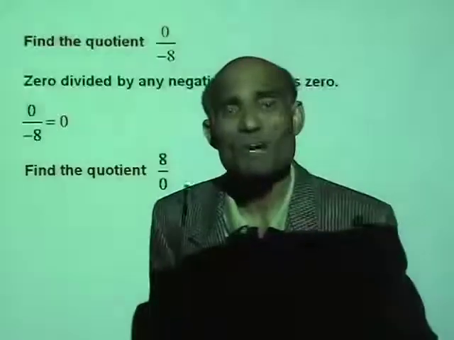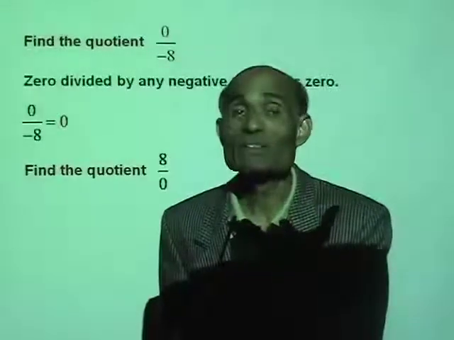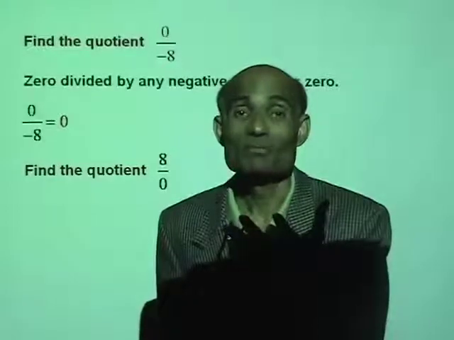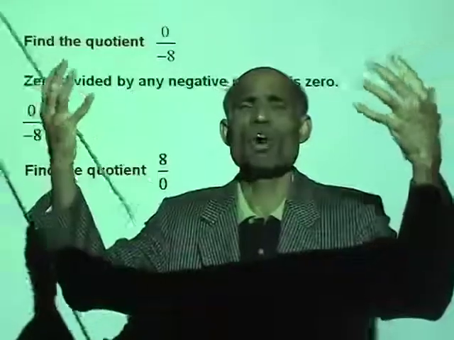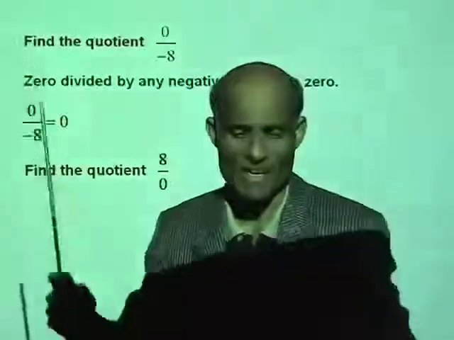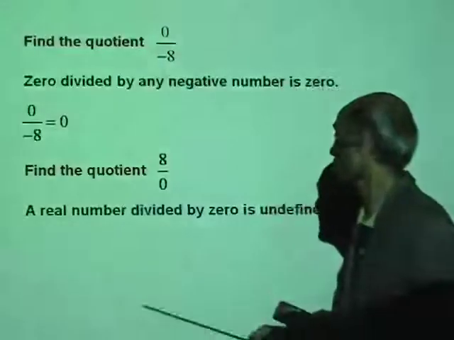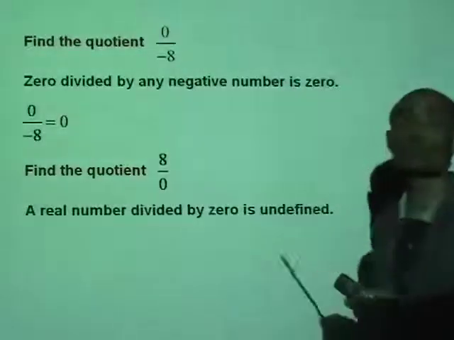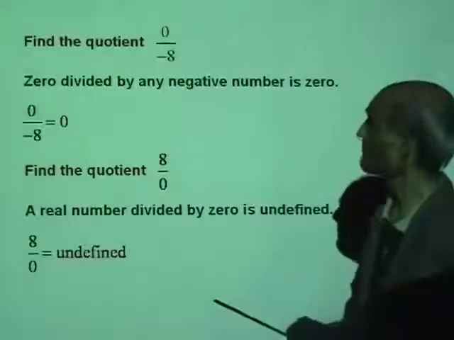A real number divided by 0. What will you get? Well, the result will be so huge, unimaginable. We call it undefined. 8 divided by 0 is undefined. Any real number divided by 0 is undefined.